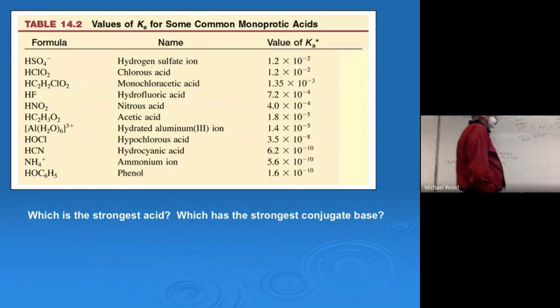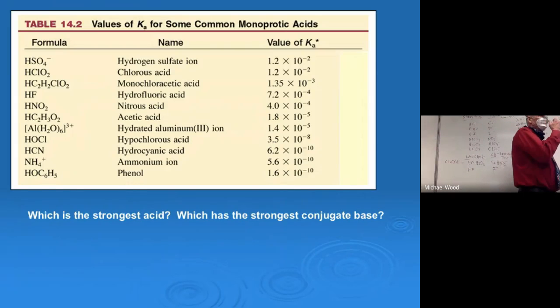So you're given this, the strongest acid. How can you tell the strongest acid? Any thoughts? Jordan? By the value of K. By the value of K, right? And the larger the K, the stronger the acid.